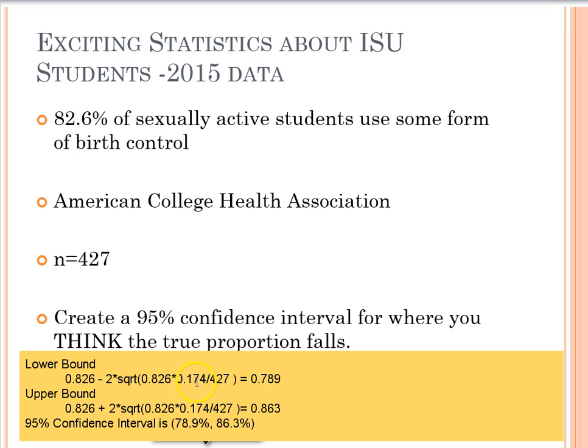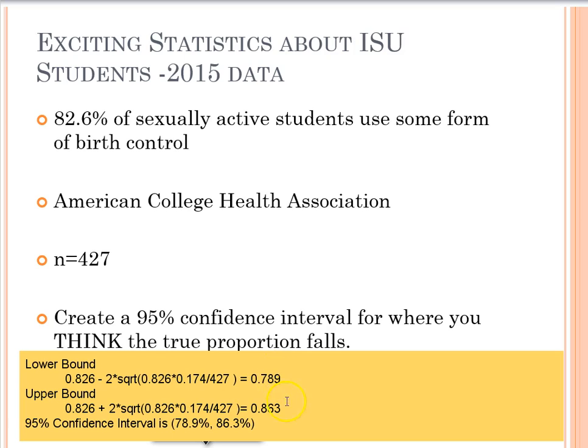This second number is 1 minus the sample proportion, so it's just 1 minus 0.826. And then we divide by our sample size. That gives us the standard error. We're going to use that same standard error for the upper bound. So again, for the upper bound, we use the same starting point, but we reach up 2 standard deviations. So if we reach up and down 2 standard deviations each, that should give us a 95% confidence interval.